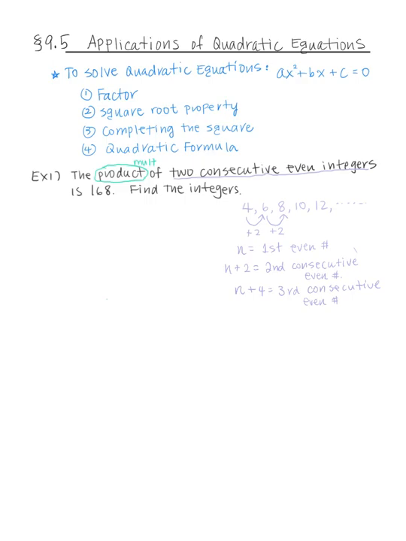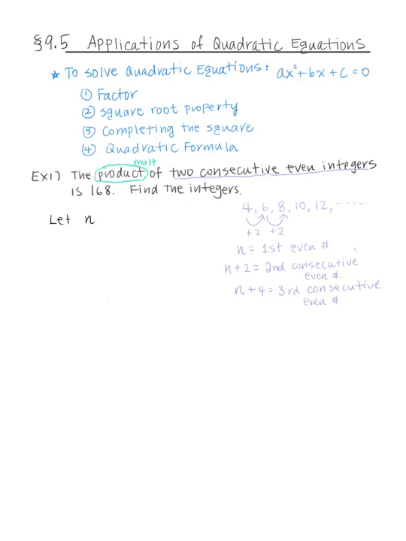All right, keep that in mind, and I think we're ready to do this problem. First, we need to reread it. It says the product, the multiplication, of two consecutive even integers is 168. Find the integers. All right, so first I'm going to write it like this.